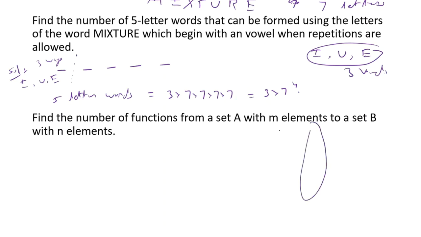So we have this set A which contains m elements A1, A2 and so on up to Am. And we have another set B which contains n elements B1, B2 and so on up to Bn. Now we have to find how many functions are possible from the set A into the set B. Okay. So for this we can just take a simple example and then we can see.